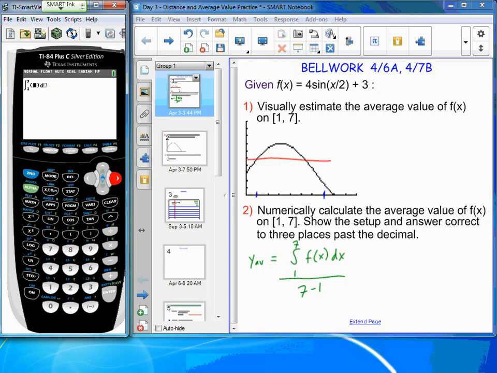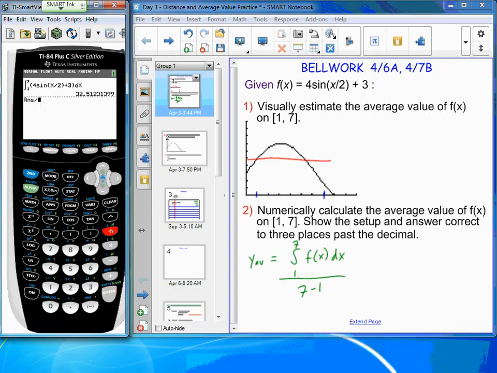My function. I better check my mode here quickly. I want to make sure we're in radian mode for sine of x over 2, close angle plus 3, close expression, dx, and let the math work its magic.